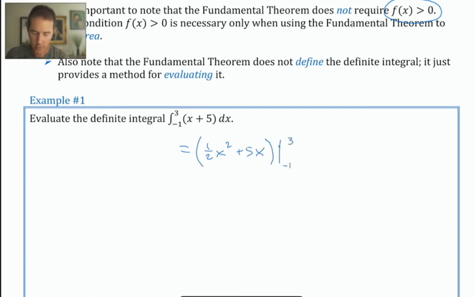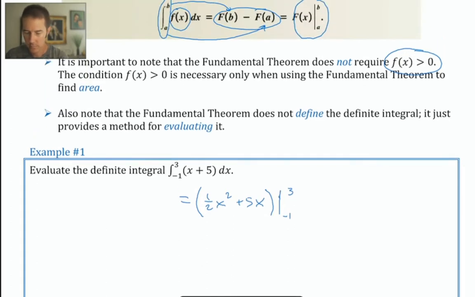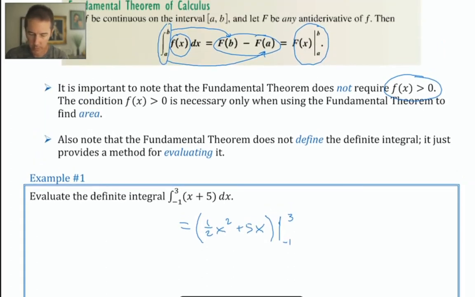And that evaluation process, now let me relate this back to what we were just doing up here. This is capital F of x. This is lowercase f of x. So now I'm going to evaluate capital F at 3, and then I'm going to subtract capital F evaluated at -1.